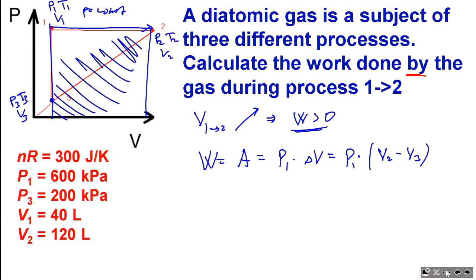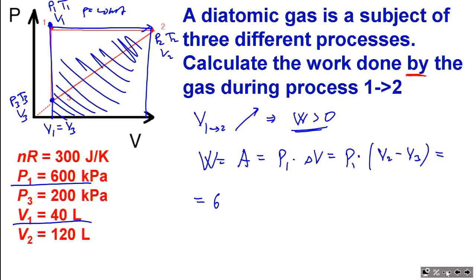But if we look at the graph, state number 1 and state number 3 have the same volume. And pressure number 1 and pressure number 2 have the same value.